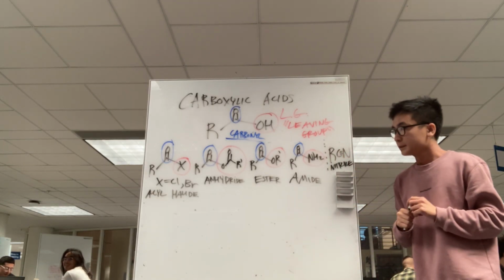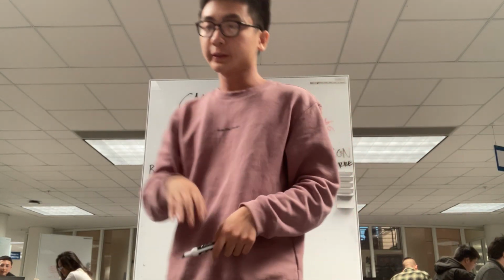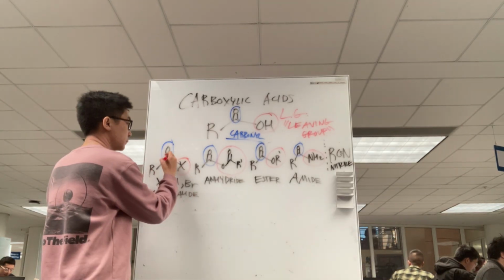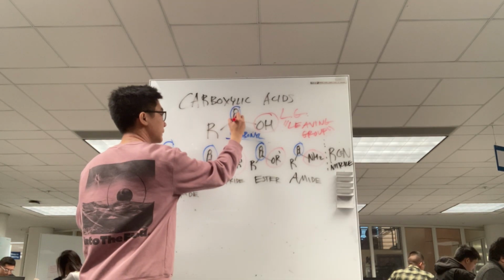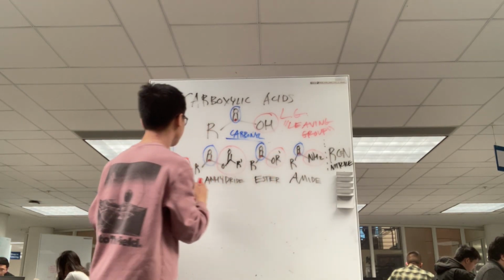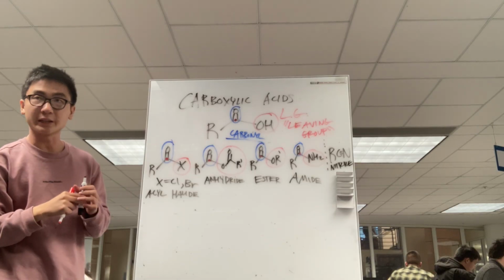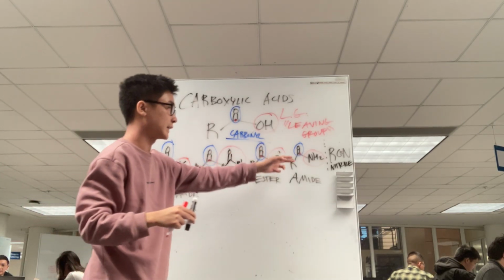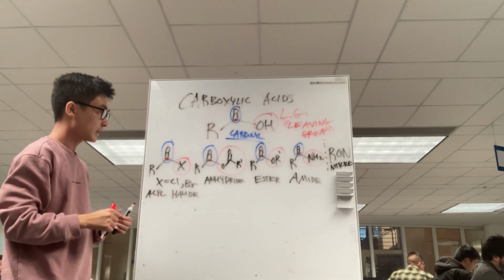Now, the important thing about all of these derivatives is that we have the carbonyl carbon here, which is electrophilic because it's attached to electronegative atoms, like oxygen, halogen, oxygen, nitrogen.